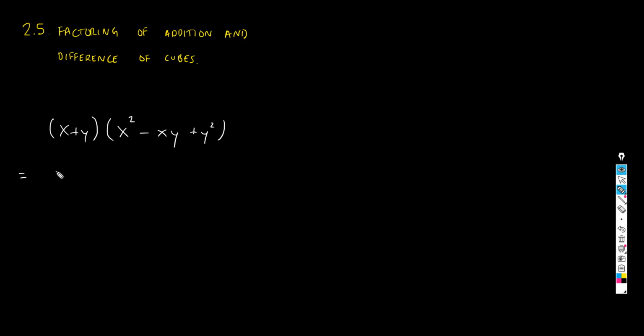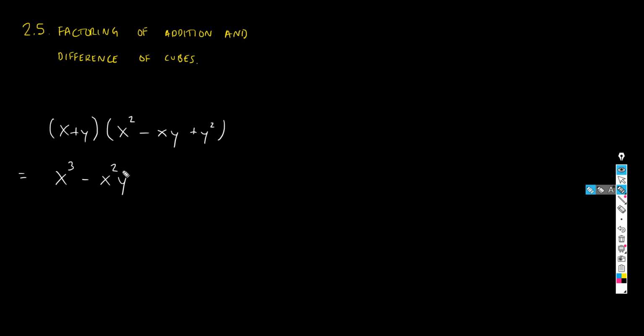X times x squared, you get x to the cube. X times minus xy, you get minus x squared y. Plus y times plus y squared, you get plus y to the cube. No, I'm sorry, I made a mistake in there. I skipped this one.